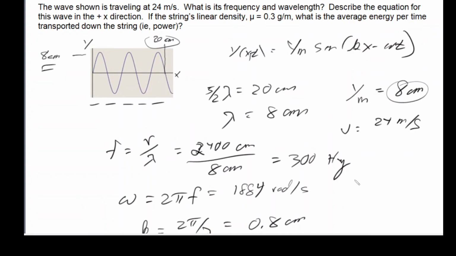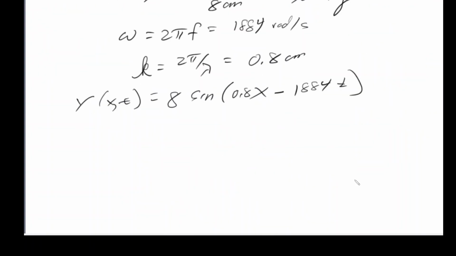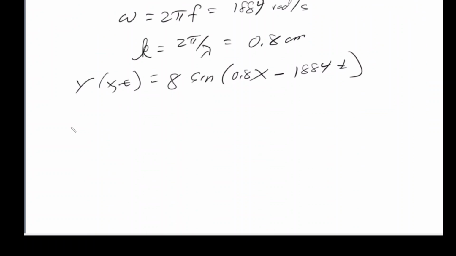What is the power transported down the string? So we know our power equation, the average power is equal to 1/2 linear density times velocity times angular frequency squared times amplitude squared. So let's plug in these values.